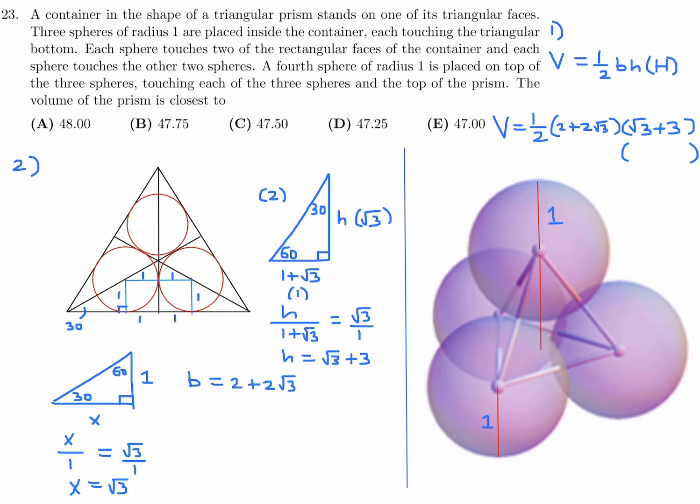I need to label it first, so I'll just call it small h. I don't want to make any unnecessary terminology. And then remember, at the end, H, the big H, is got to be the whole top to bottom. So don't think that it's h. It's going to be h plus 2. h plus this one plus this one.